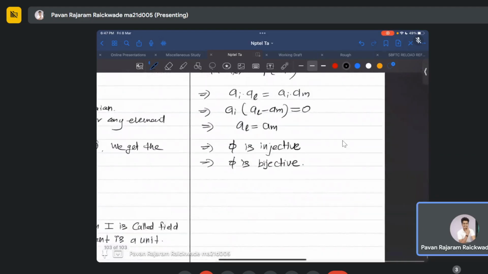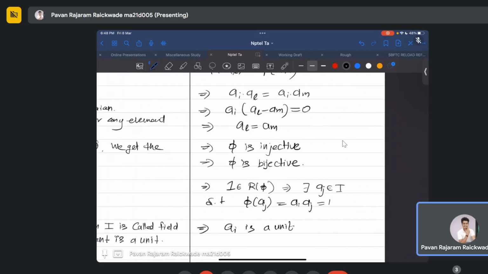Now you have an integral domain. There exists one. One is an element that belongs to the range of phi, right? This implies there exists some aj such that phi of aj, which is ai times aj, is 1. That's all. Then this implies ai is a unit.